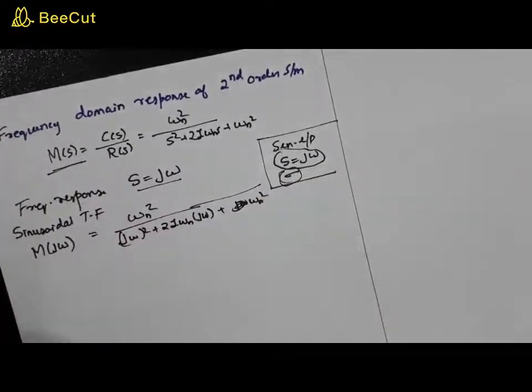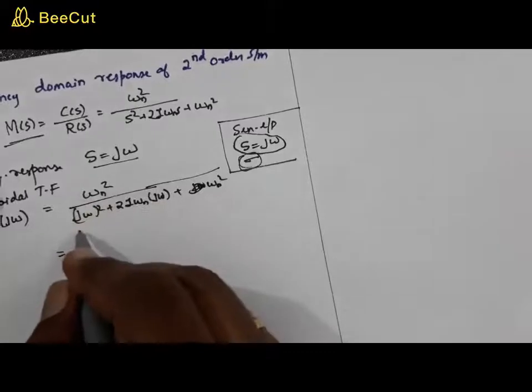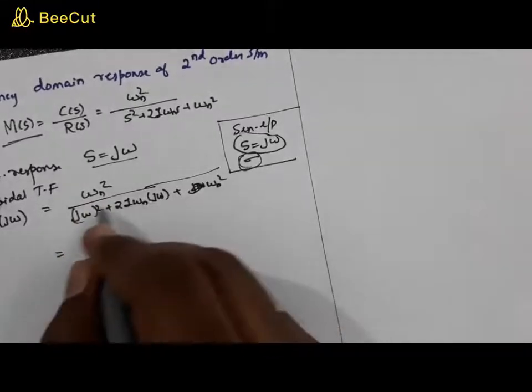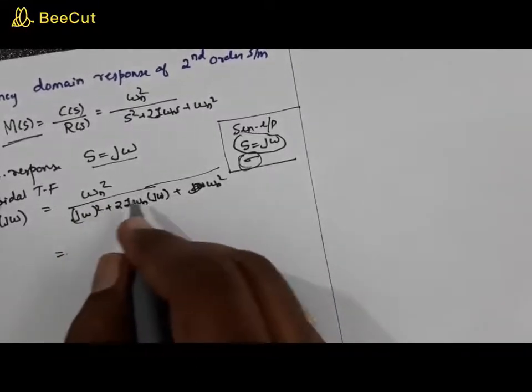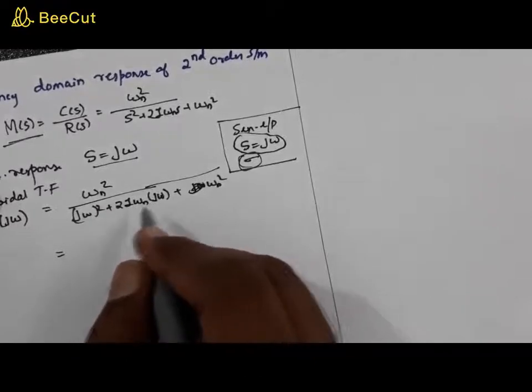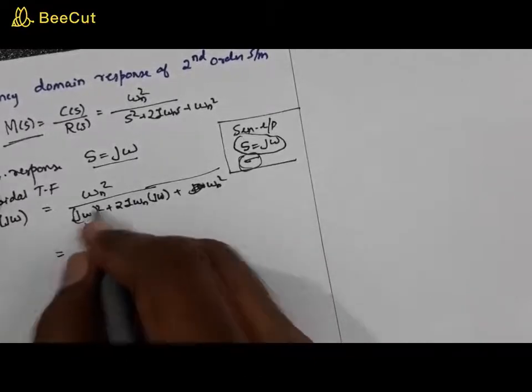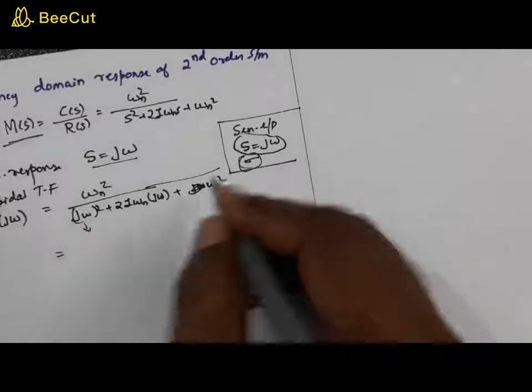Now, what can you say about this? You can manipulate it. You can bring this omega n square down, separating the imaginary and real terms. This becomes a real term because j square becomes real. This is also a real term.